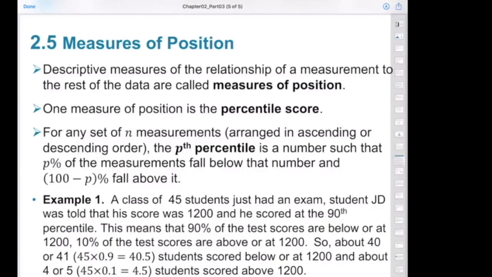What does that mean? That means 90% of the test scores are below or at 1200, and the remaining 10% of the test scores are above 1200. So we can see this scenario here.